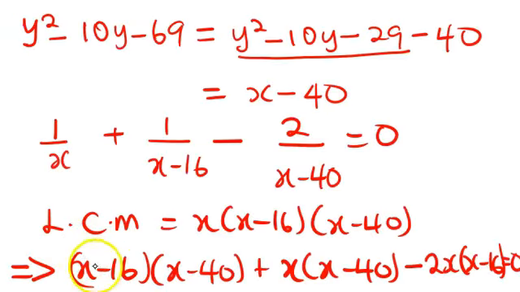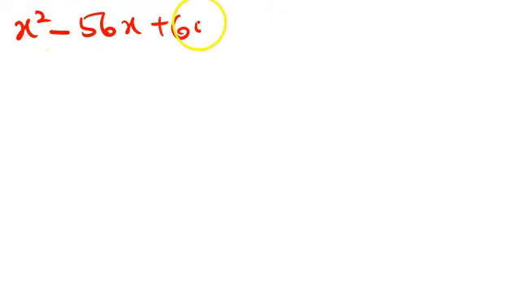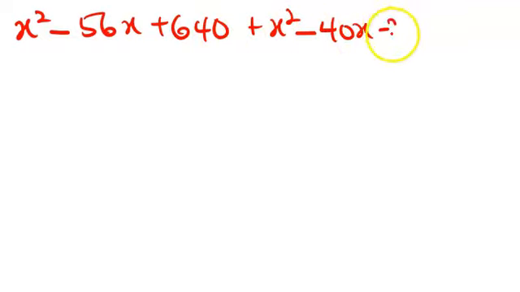So we are now going to expand. When we simplify, we are going to get x squared minus 56x plus 640 plus x squared minus 40x minus 2x squared plus 32x is equal to 0.